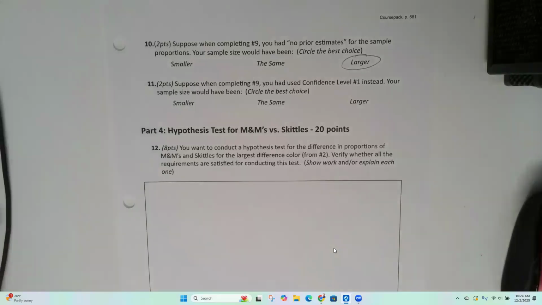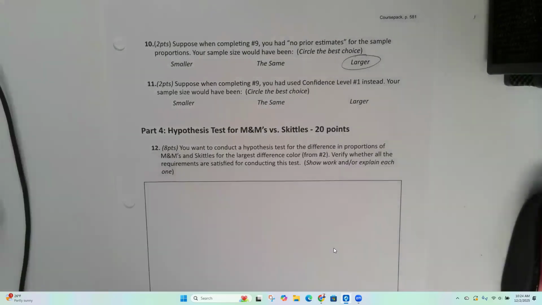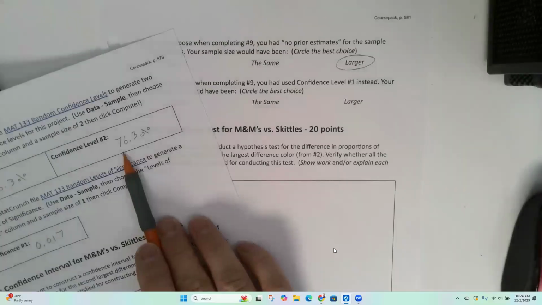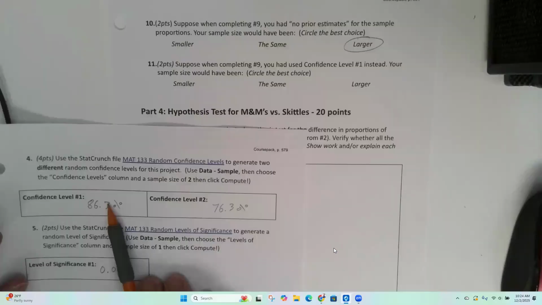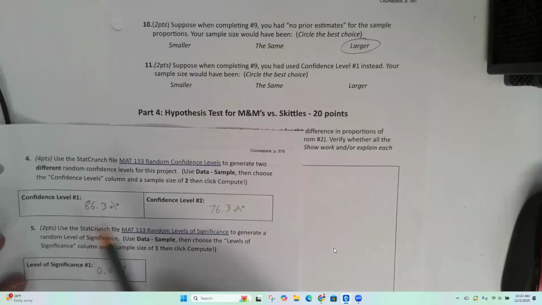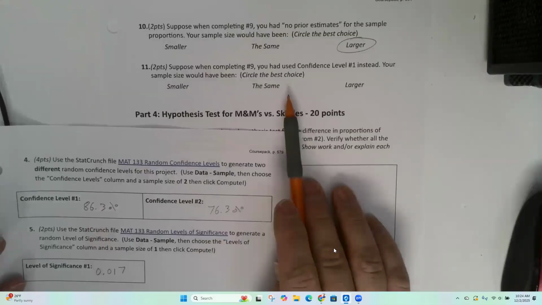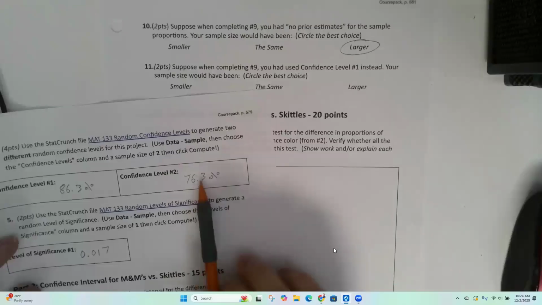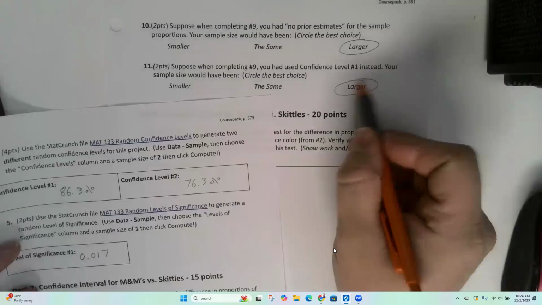All right. Now, for this next one, it's going to depend on what you had for confidence levels. For number 9, I had used this confidence level. Suppose you had used confidence level 1 instead. Would your sample size have been larger, smaller, or the same? In my case, this one is bigger, so that means it would have been larger, okay?